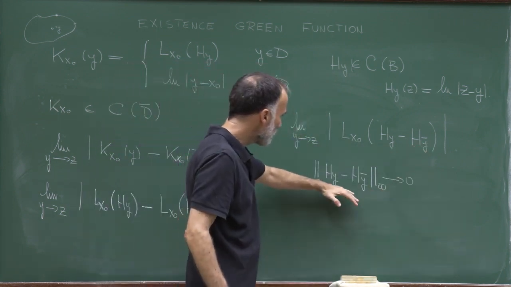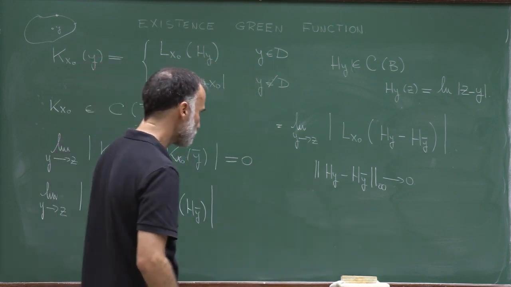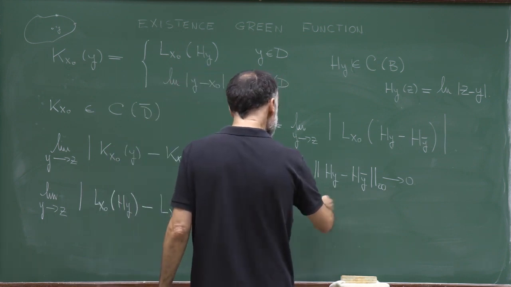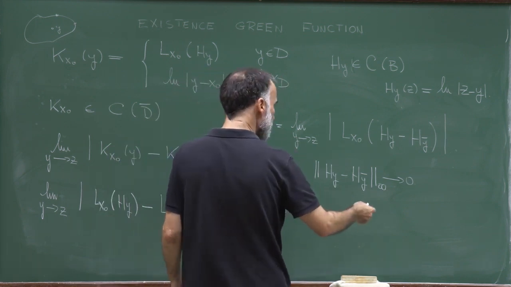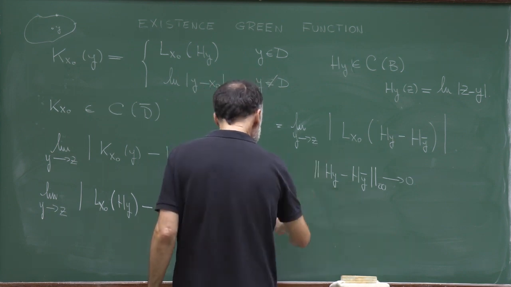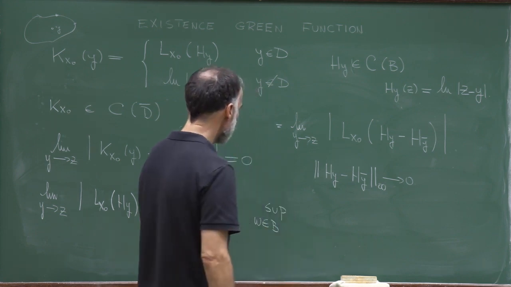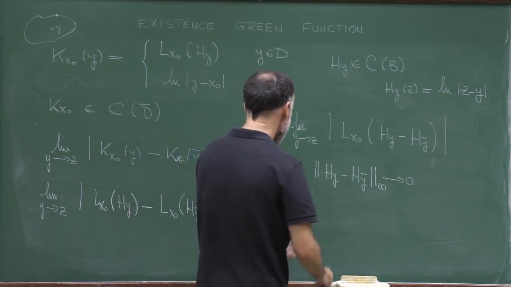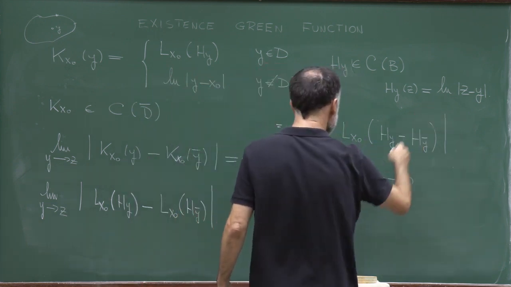So what I really need to do is to prove this convergence. But this convergence means that I'm taking the supremum over all points at the boundary. So let me say, since I used already z, let me take w at the boundary, supremum of the L infinity norm. Now I know exactly what h is.